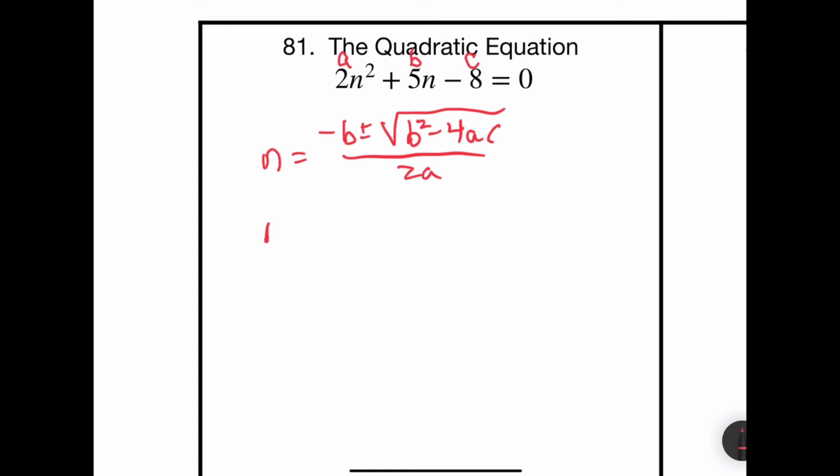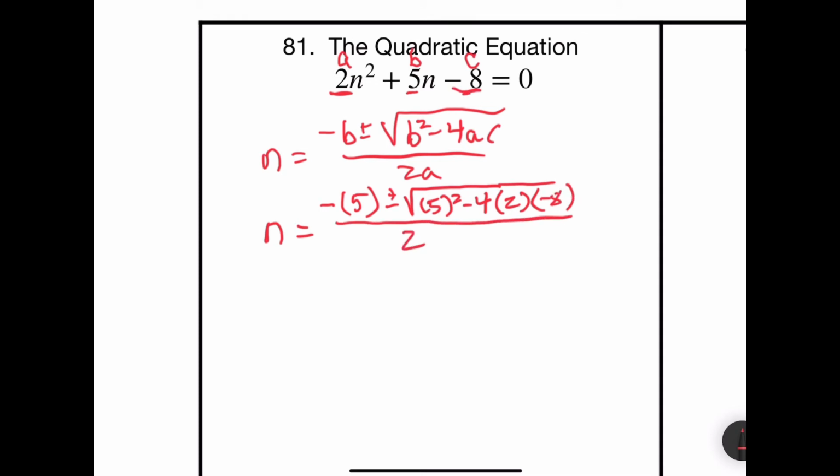So our variable n that we're looking for will be equal to the opposite of b, which is 5, and I'm going to substitute in parentheses like I always do, plus or minus the square root of 5 squared minus 4, a is equal to 2 times c, which is equal to negative 8, and all of that will be over 2 times a is equal to 2.